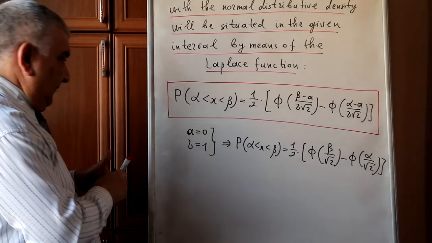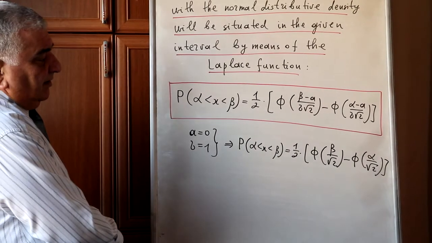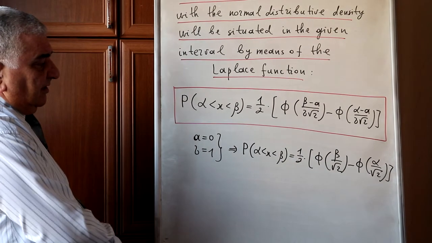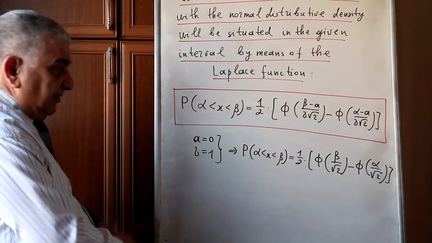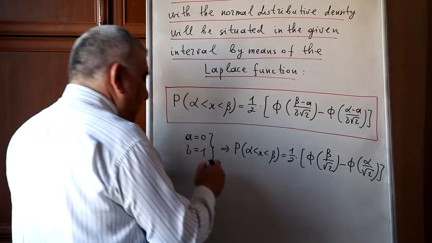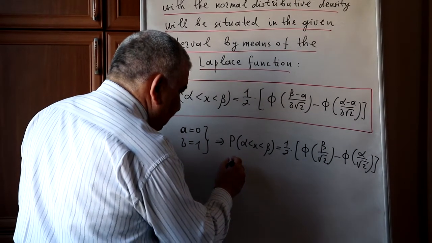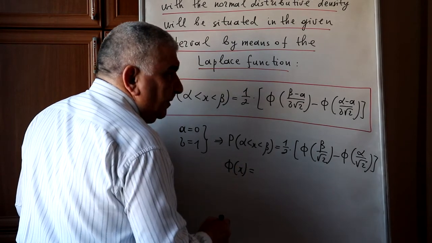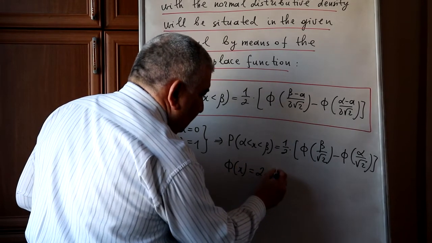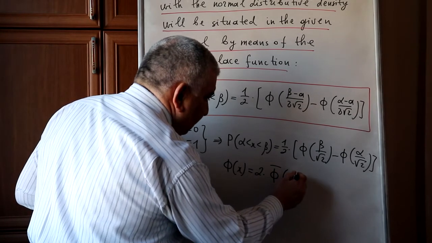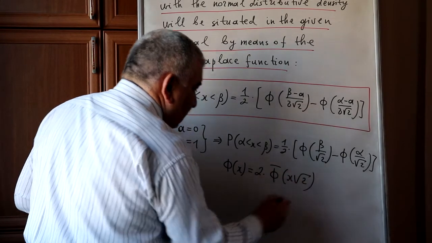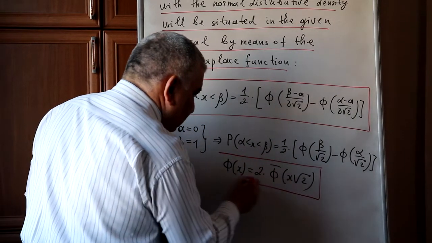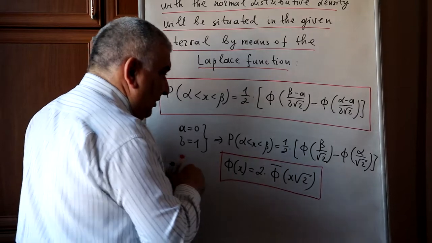Further, remember the expression of the error integral by means of the Laplace function. It is the following formula: phi of x is 2 multiplied by phi capital bar of x multiplied by square root of 2. Remember this formula, use this formula, continue.